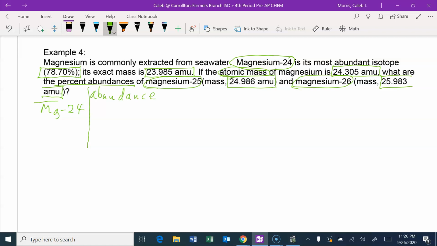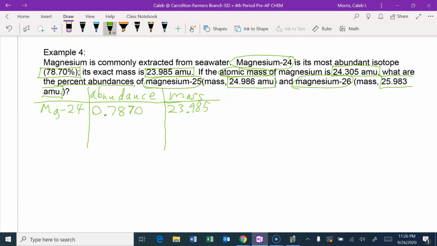Remember, the abundance is the percent written as a decimal, so we're going to change that to a decimal and make it 0.7870, right? And then we have the mass of that one is 23.985 AMU.